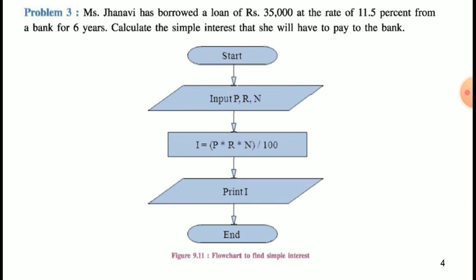So that is the ending. So this is a flowchart to find simple interest. And start to input, process, output, and then end. That is connected by a flow line, that means an arrow.